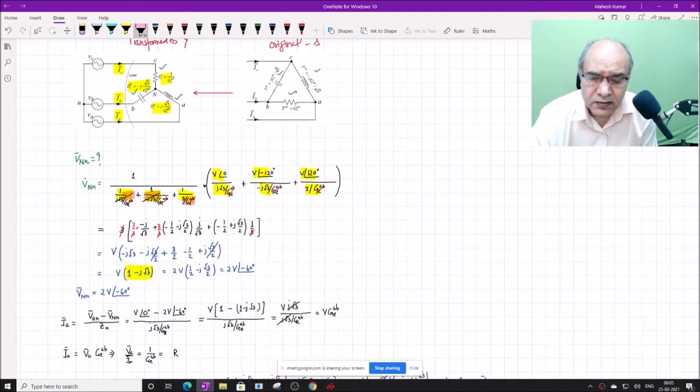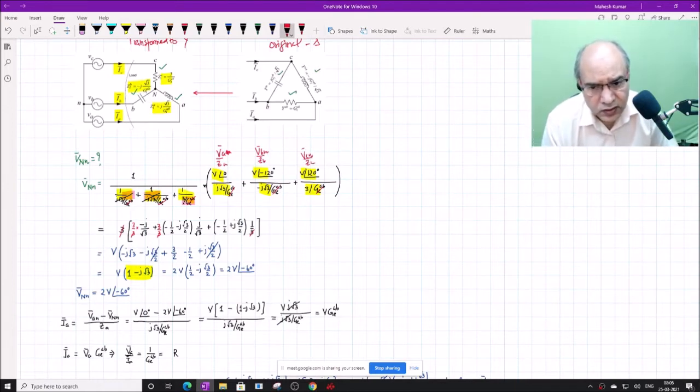And this side we have V angle 0 by j root 3 by GLAB. This is VA by ZA. In fact, this is VAN, this is VBN by ZB, and this is VCN by ZC.